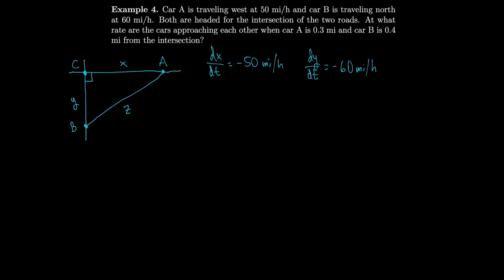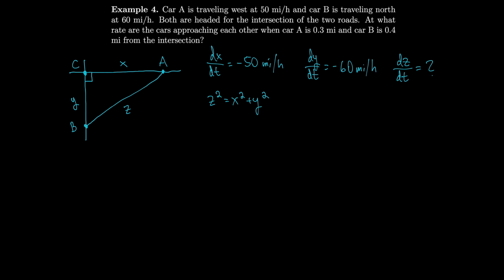Okay, so we want to know what the change in z is with respect to time, because we want to know the rate at which the cars are approaching each other. So this is what we're looking for, dz dt. Again, we can use Pythagorean theorem. z squared is x squared plus y squared. We can differentiate.